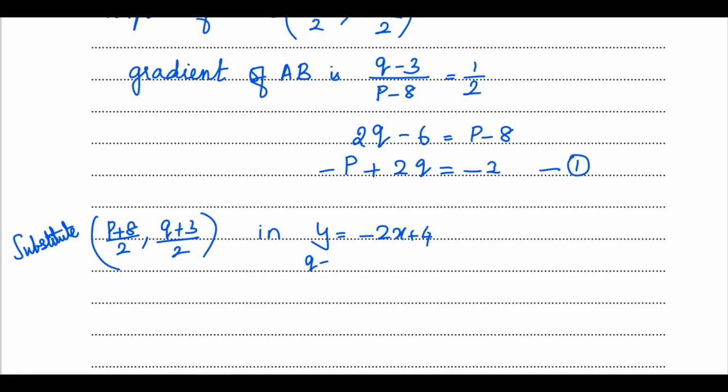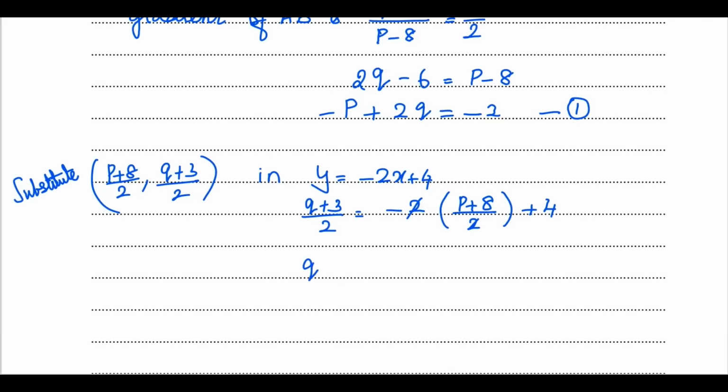So Q plus 3 divided by 2 is equal to negative 2 multiplied by P plus 8 divided by 2, plus 4. This 2 gets cancelled.